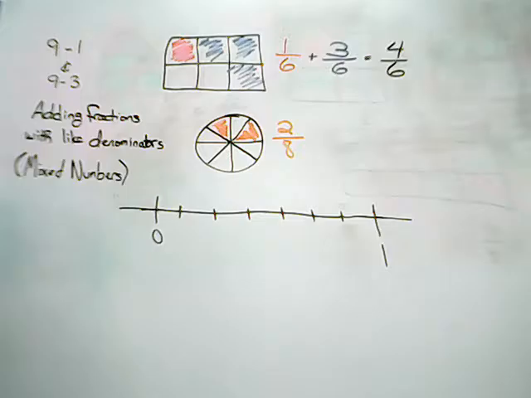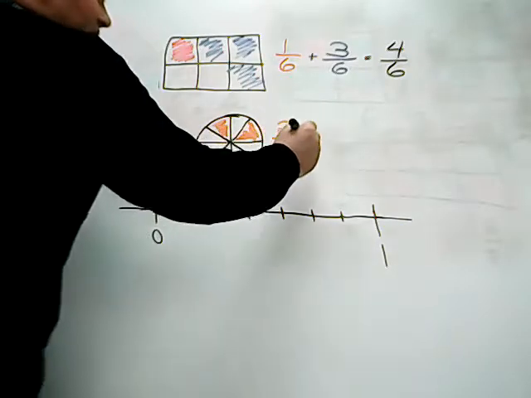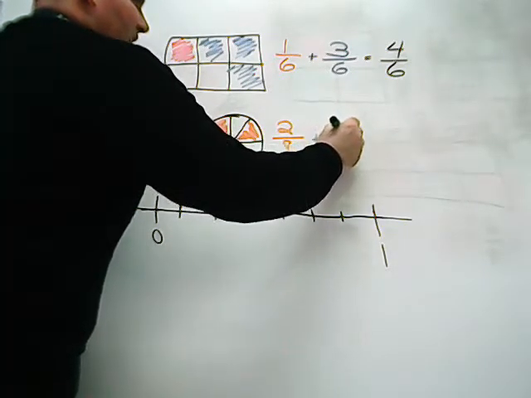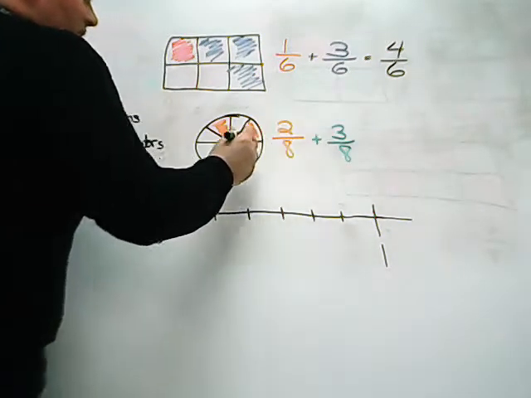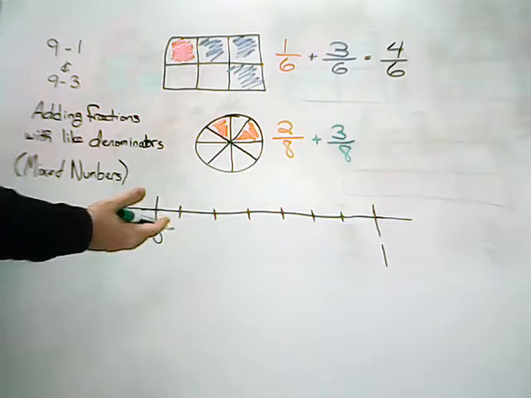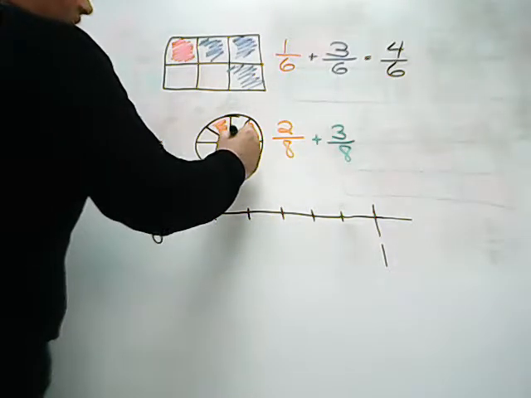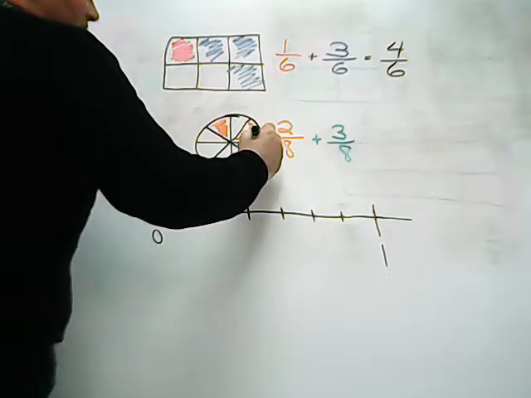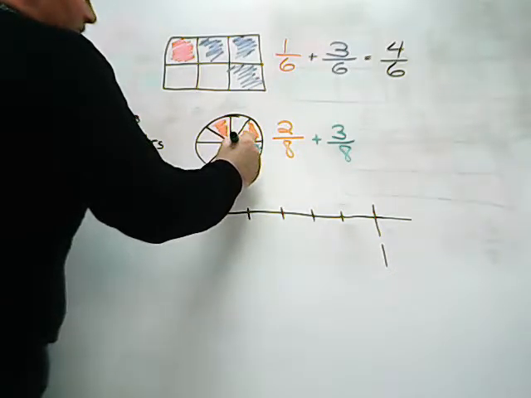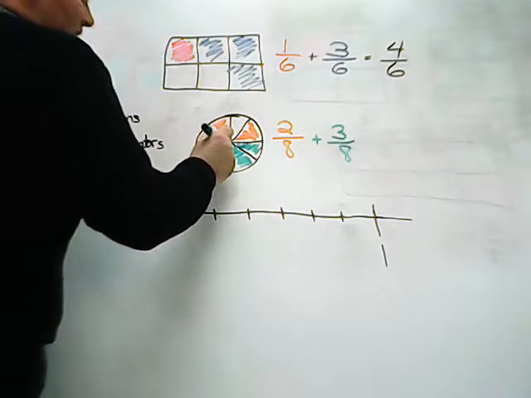Easy enough. Then for dinner, I ate another 3/8 of the pizza. So I'm going to add 3/8 to it. Notice I didn't change how much pizza I had. All I'm doing is shading in how much I've eaten. So 1/8, 2/8, 3/8.